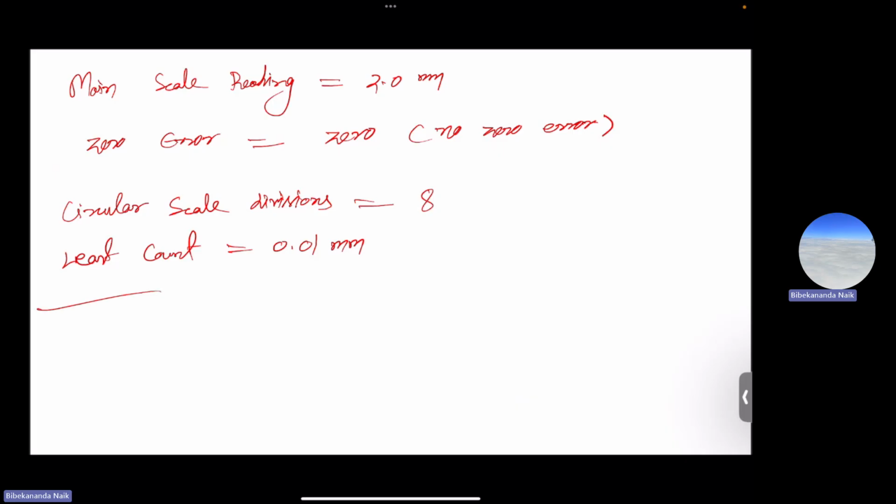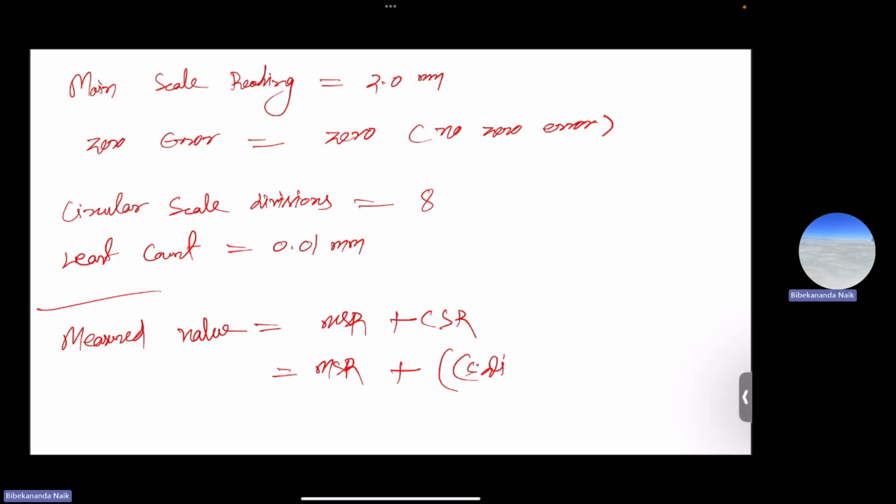So what will be the measured value? The measured value will be main scale reading plus circular scale reading, that is main scale reading plus circular scale divisions into the least count. So it is 2.0 plus 8 into 0.01 mm.